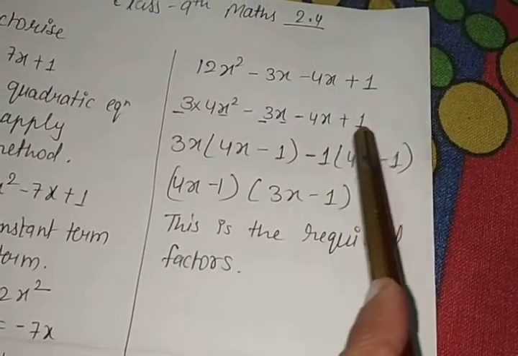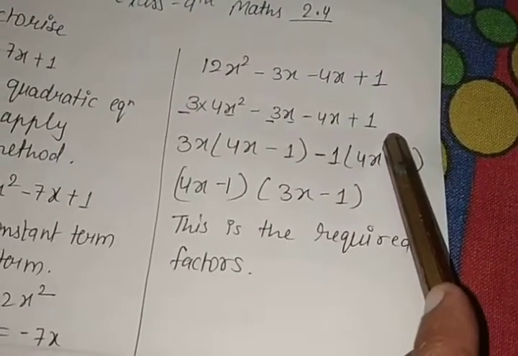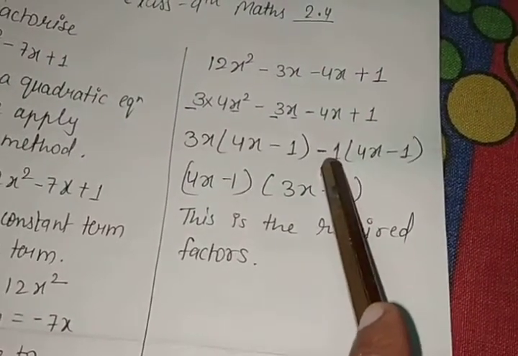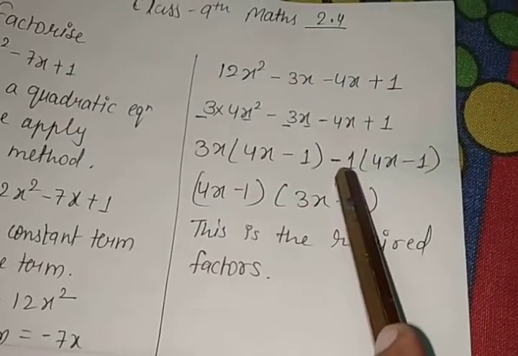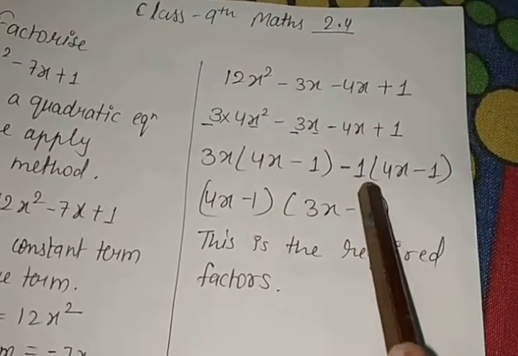Now in the remaining terms we can see that there is nothing common in 4x and 1. So we just take out 1 as the common factor. If we can't get any common factor, then we can take 1 as common.